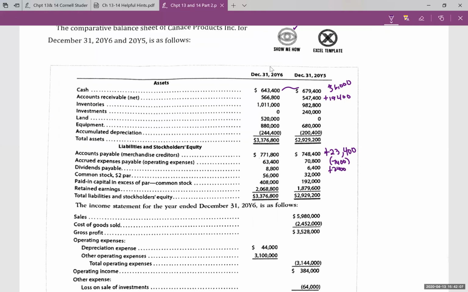The common stock $2 par, looks like they sold some of that. That was a plus 24,000, and then the paid in capital went up by 216,000. So these two numbers together is going to be our common stock number that we're going to use.